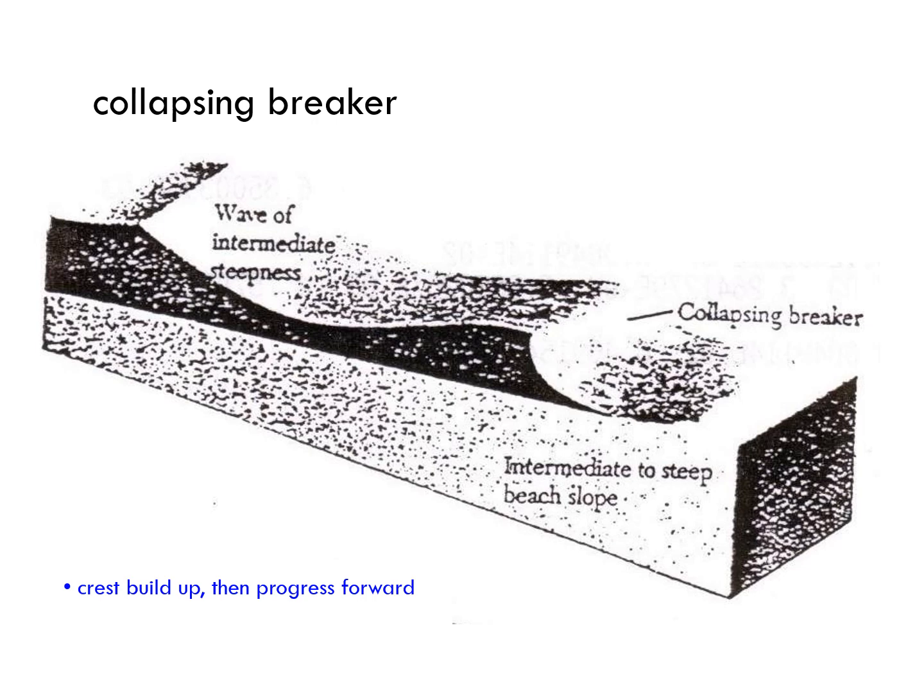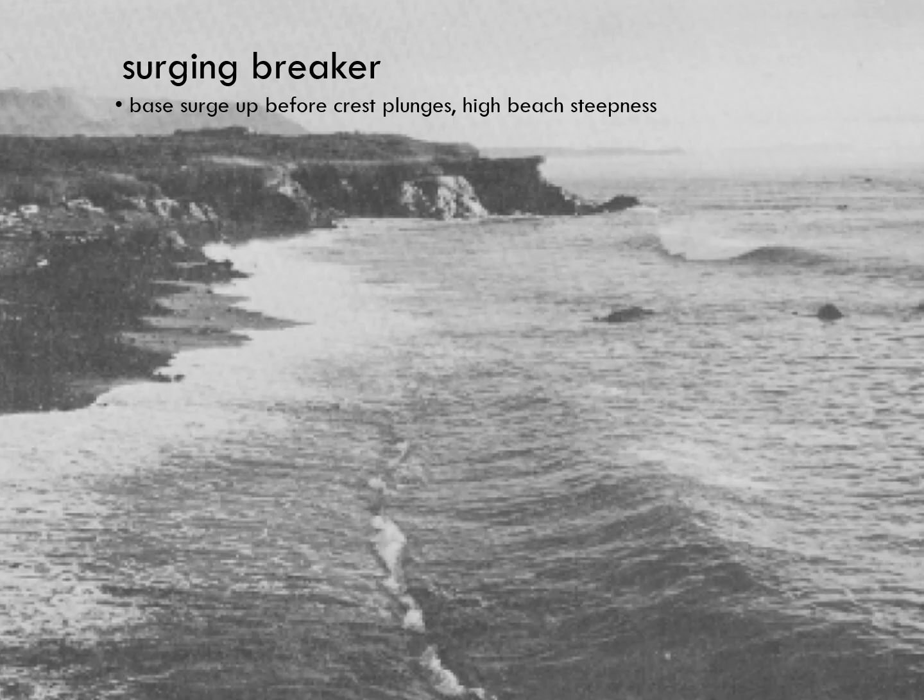In this case, the collapsing breaker will build up, and then it will progress forward and progress steadily to dissipate the wave energy. Lastly, we have the surging wave breaker, typically observed on a beach with high steepness or steep beach front. In this case, the crest builds up and surges forward, pushes forward, instead of a very violent wave breaking process.